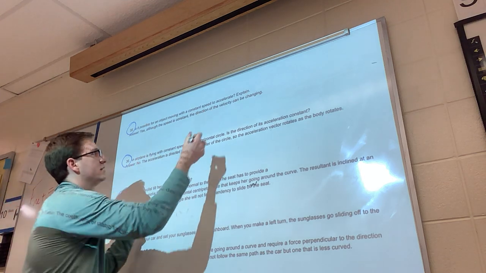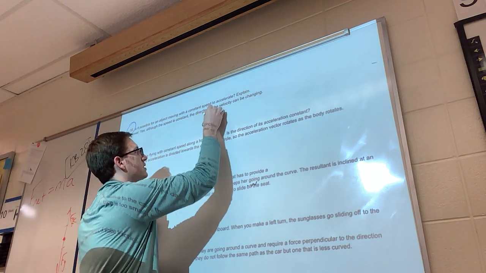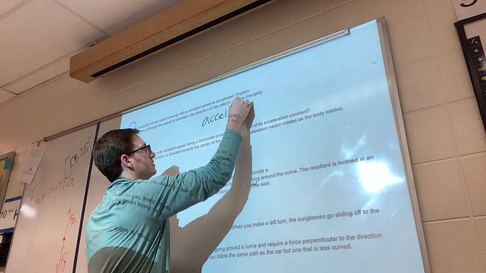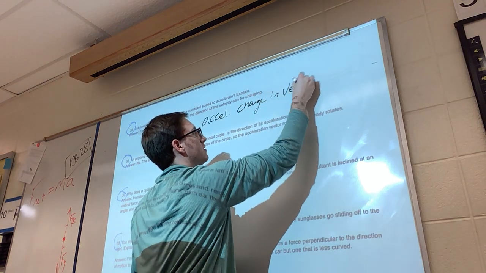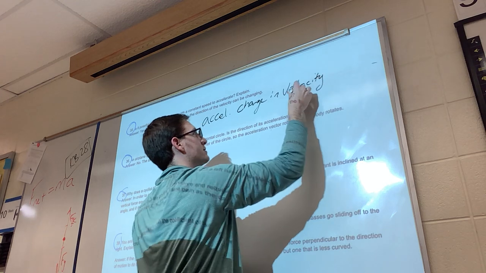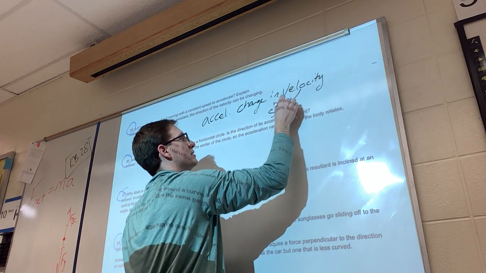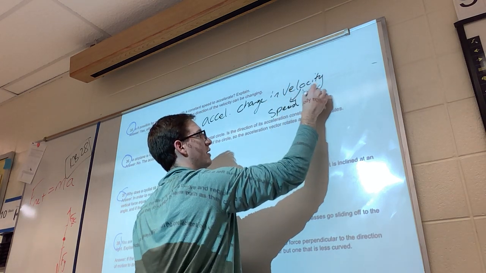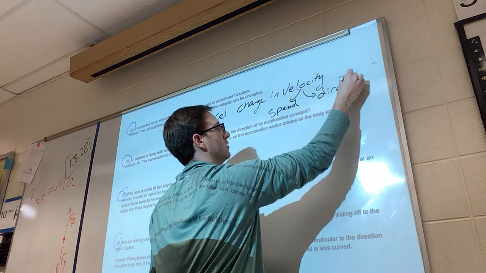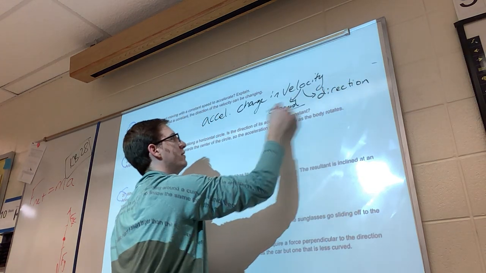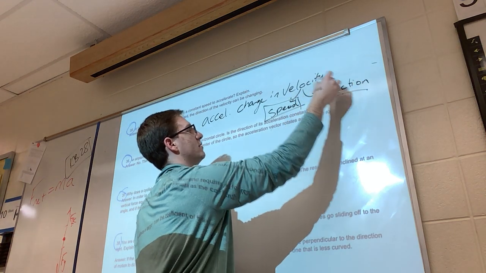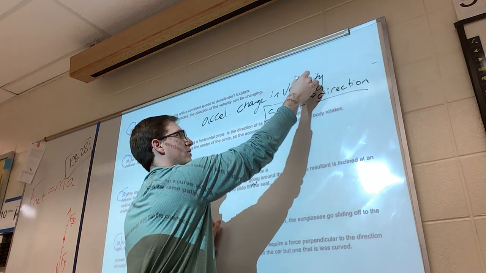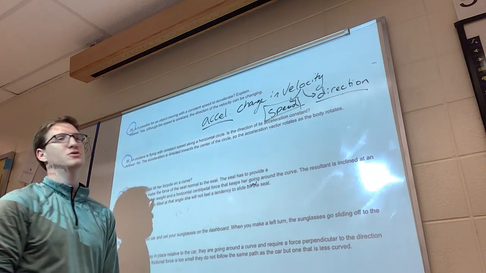So acceleration is change in velocity, but velocity has two parts. Velocity is made up of speed and direction. So even if speed is constant, if the direction is changing, velocity is changing, and if velocity is changing, that's acceleration.